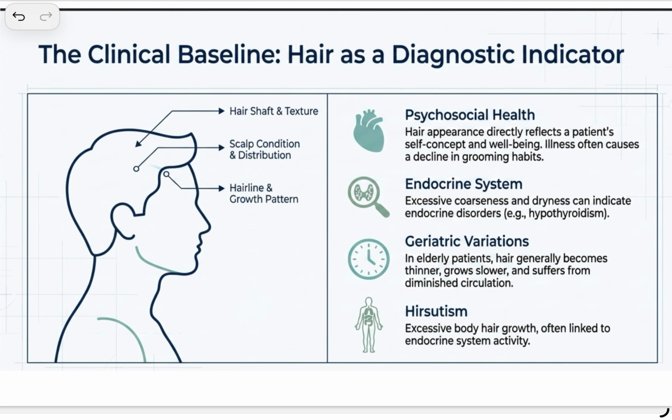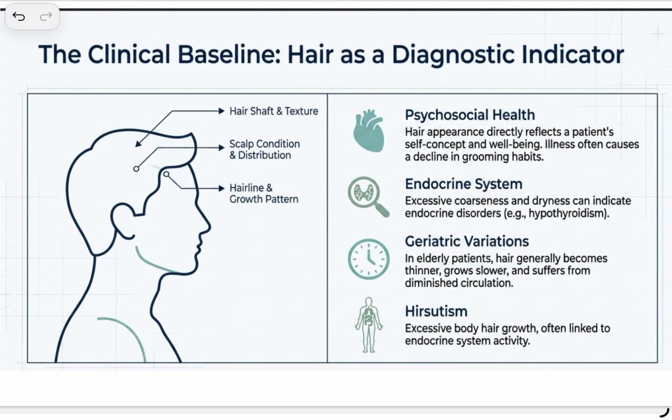Hypothyroidism will make the patient's hair excessively coarse and dry. Excessive coarseness means it will be tangled, and somewhere it is thicker and somewhere very thin. That we can call excessive coarseness and also dryness, and due to that you can't comb the hair also, isn't it?